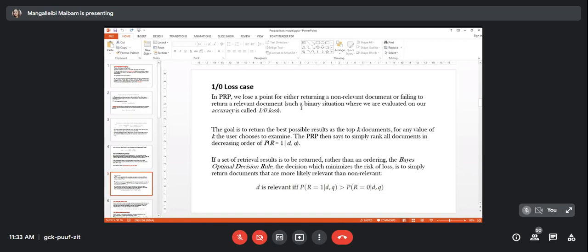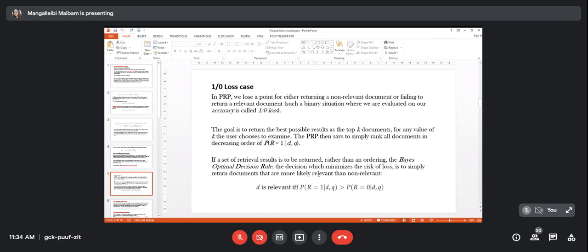Again, another one is the Bayes optimal decision rule. Here it says that the decision which minimizes the risk of loss is to simply return documents that are more likely to be relevant than non-relevant. So in the Bayes optimal decision rule, this will minimize the risk of loss, the 1/0 loss case.